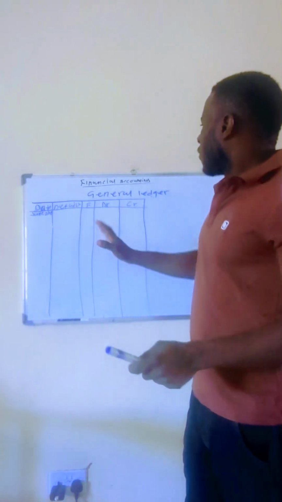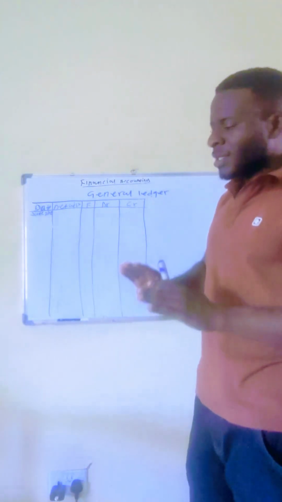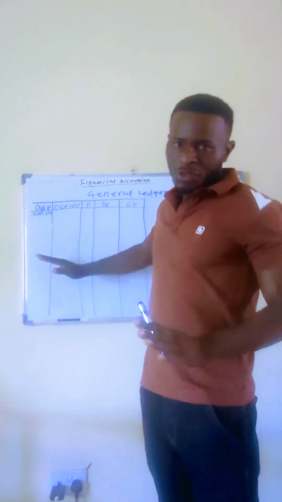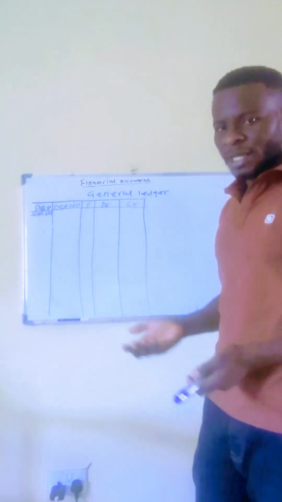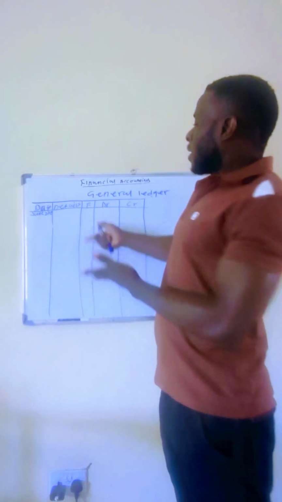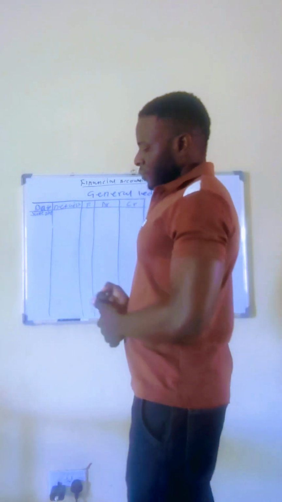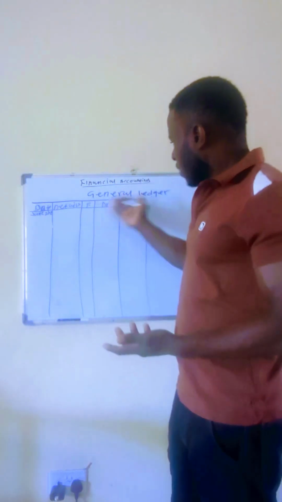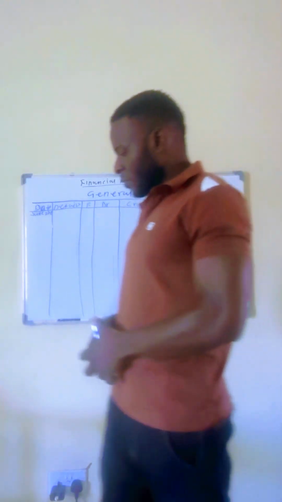Whether it's sales or purchases, I just record everything in the general ledger. That's how I've simplified it. It works for me, so whatever works for me might not work for you, but try this one because it's a little bit easy.